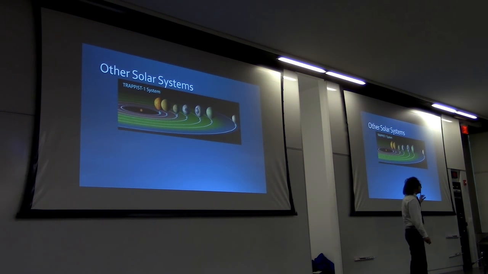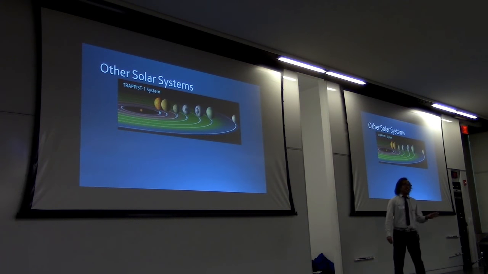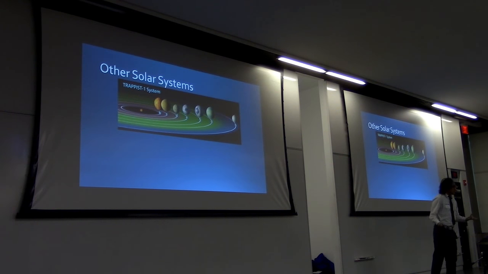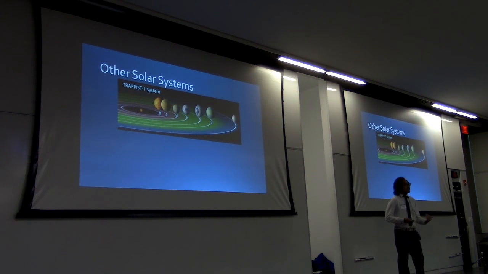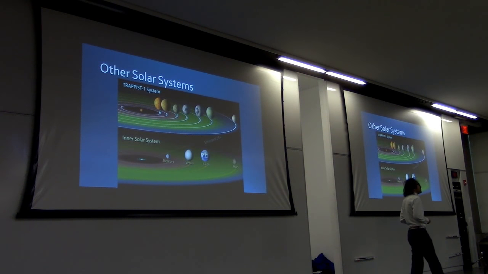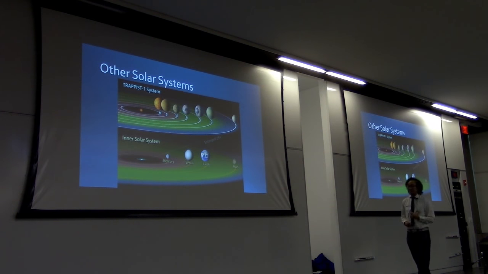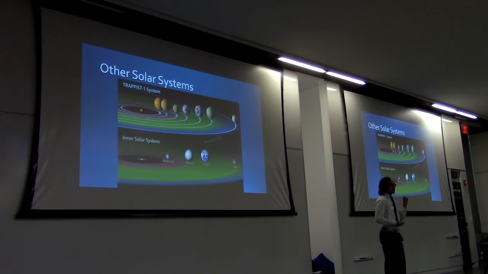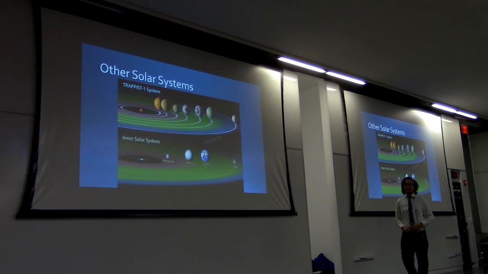And although in the picture here, the size scale between the star and the planets is not to scale, the distances are, however, which makes you look at this and say, this looks like a miniature version of our own solar system. And in fact, you can actually fit the entire TRAPPIST-1 system well within the orbit of Mercury around our sun. Now this just goes to show the incredible diversity of solar systems that exist out in the galaxy.